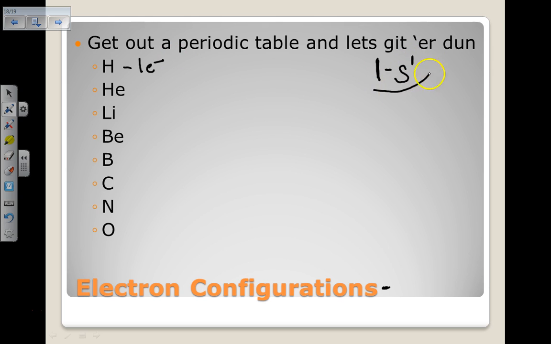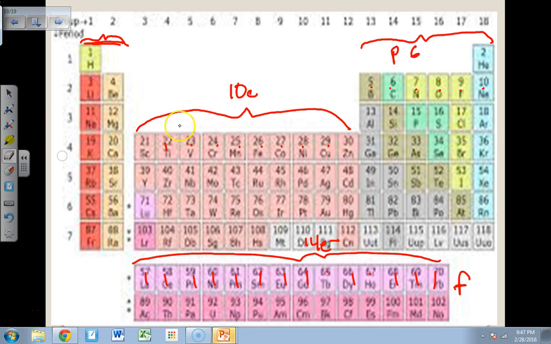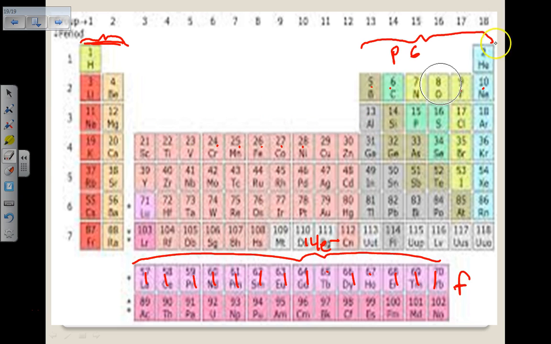So what we have done is we have made our very first electron configuration. We have put the electron in the 1s, so it's 1 electron in the 1s orbital. Now, let me delete this. Let me get rid of some of this stuff from what we did. Hydrogen is over here.